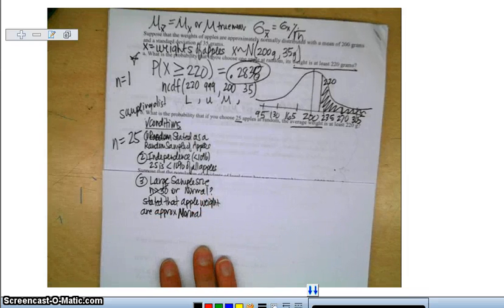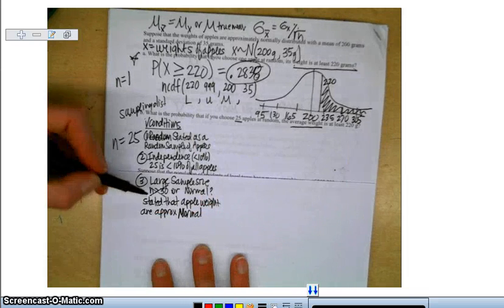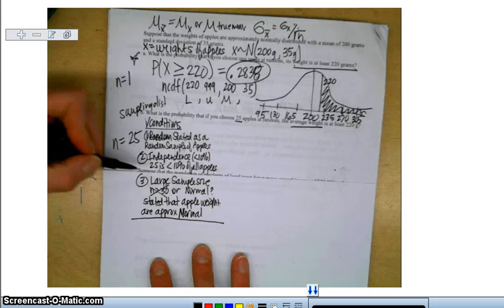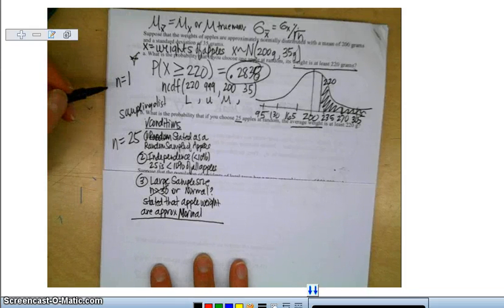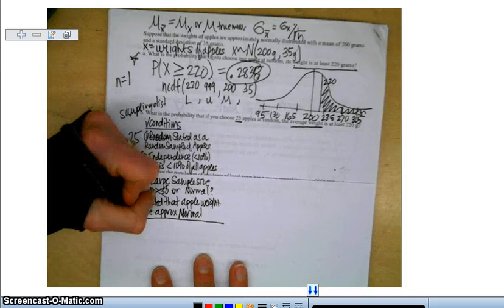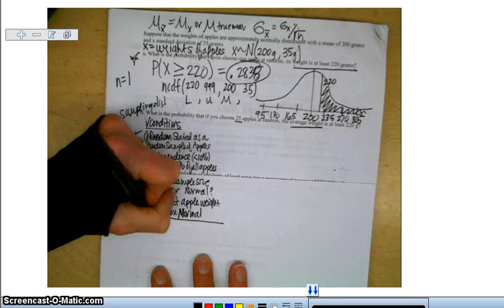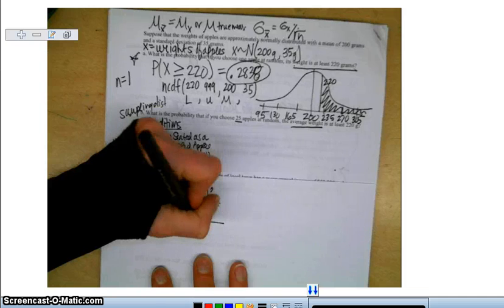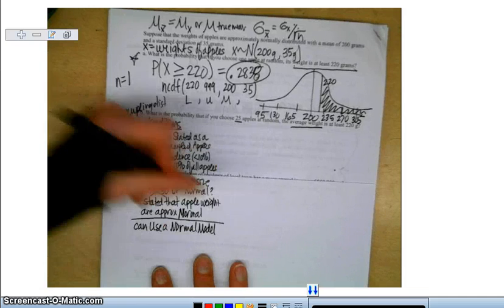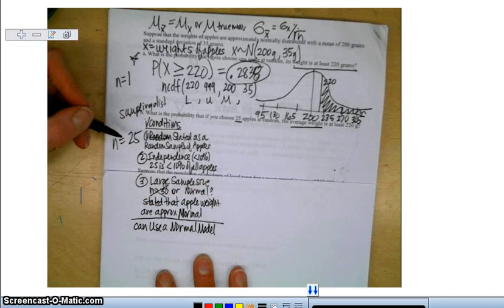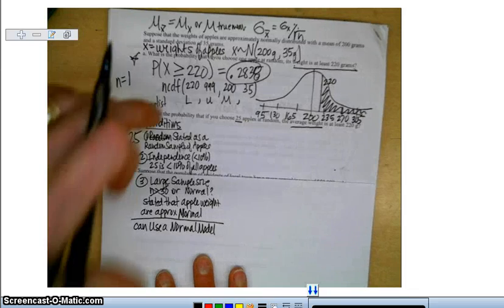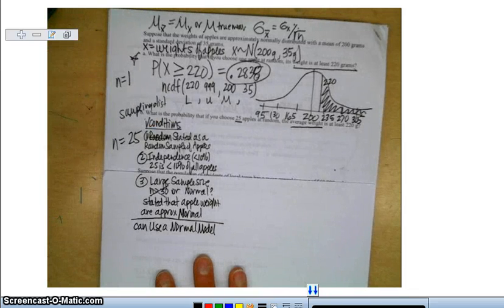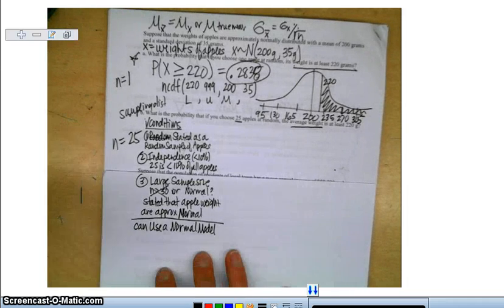Okay. So now that we've checked our conditions, what does it mean? We can use a normal model on this sample of size 25. A sample of 1, apple weights are normally distributed, but if I'm collecting a whole sample of 25, that's a new distribution.